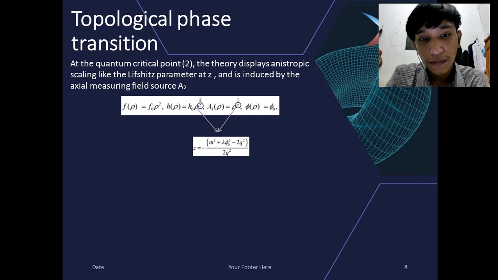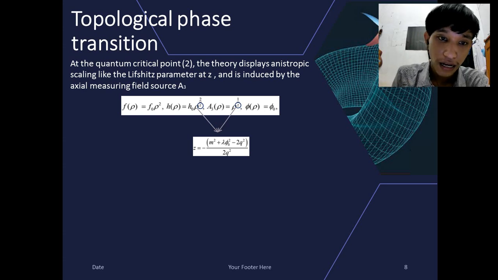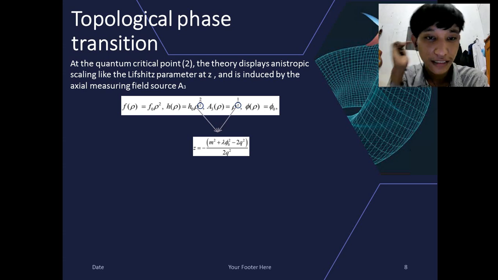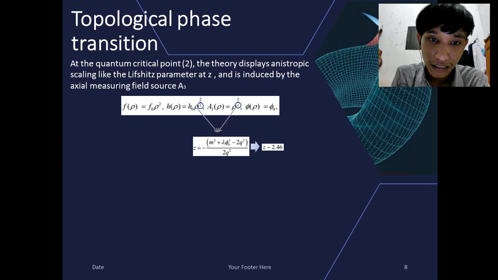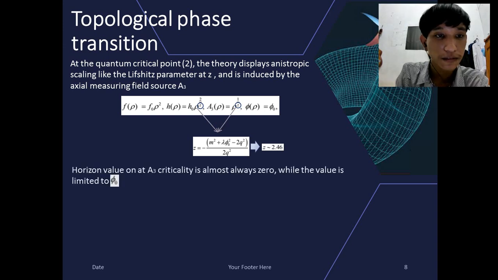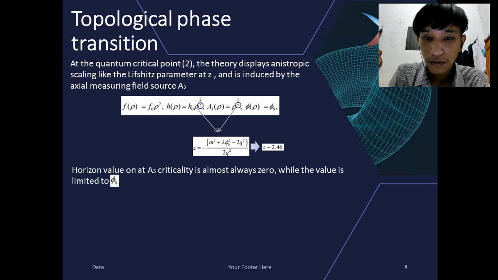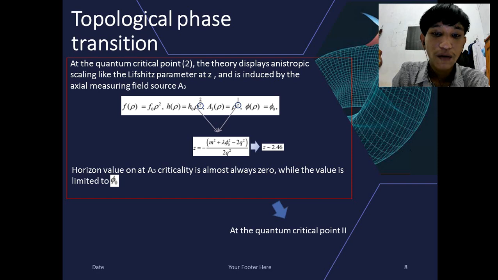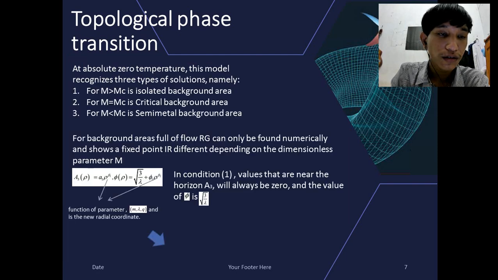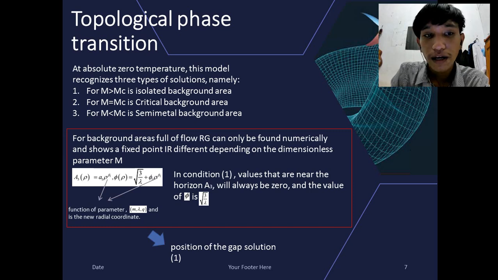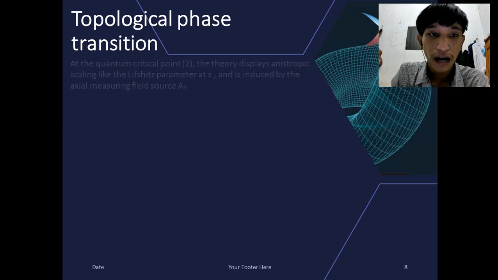Z is equal to m squared plus lambda psi squared minus 2q squared, divided by 2q squared. If I calculate the constant, I got 2.46. The horizon value of A3 is practically almost always 0, while the value is limited to zero. And it is the quantum critical point, or you can see it for m equal to MC, the critical background area.